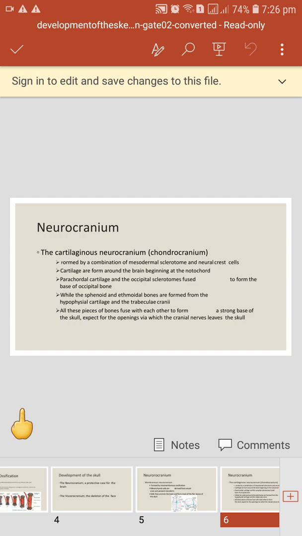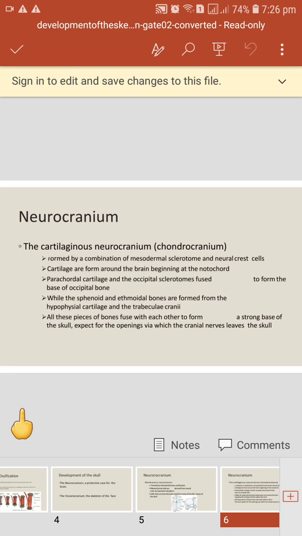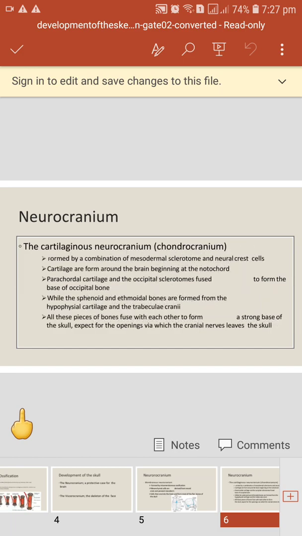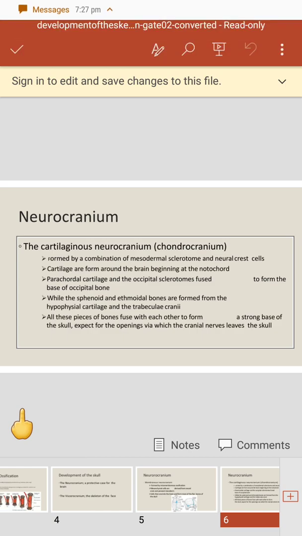Now comes the cartilaginous neurocranium, the part of the neurocranium which is cartilaginous, also known as the chondrocranium. This is formed by the combination of mesodermal sclerotome and neural crest cells, and the cartilage is formed around the brain beginning at the notochord.